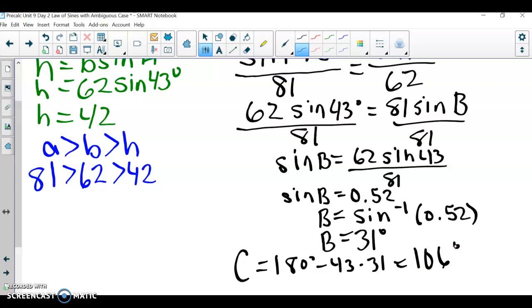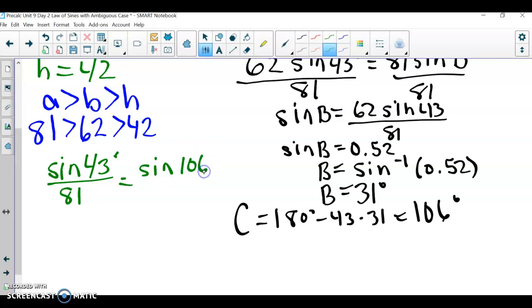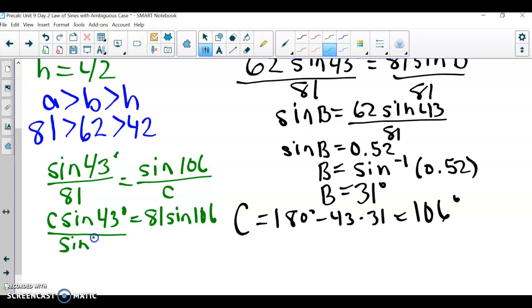How do we find little c? I'm going to make some room over here. Again, we're going to use sine of 43, which is my A, and the length of it was 81. I now know my angle C, which is 106, and I'm trying to find little c. Cross multiply. I'm going to divide by sine of 43.